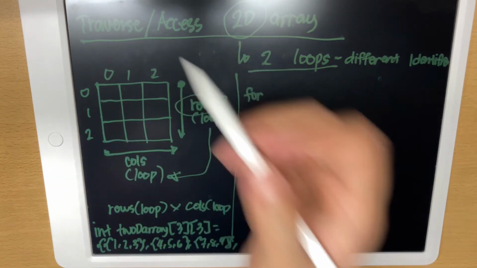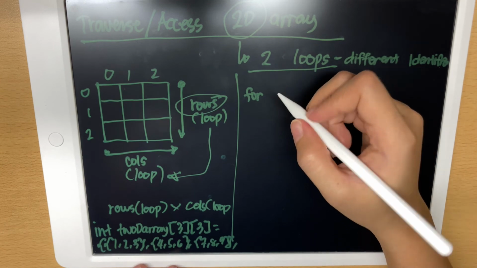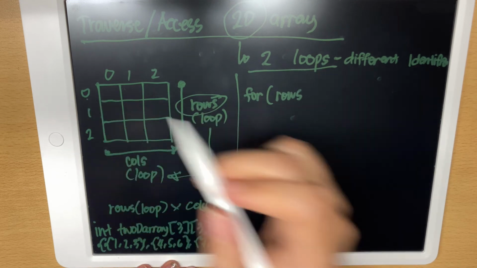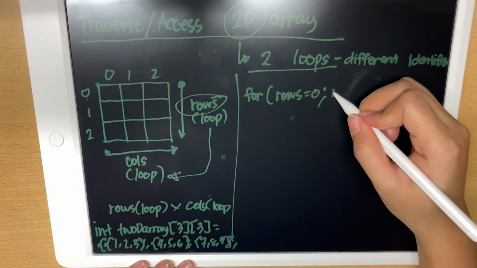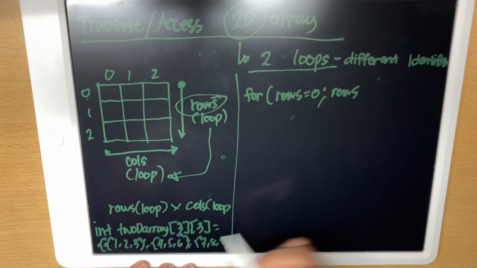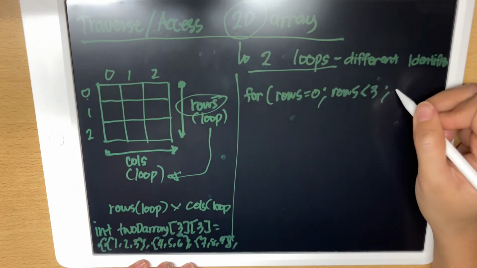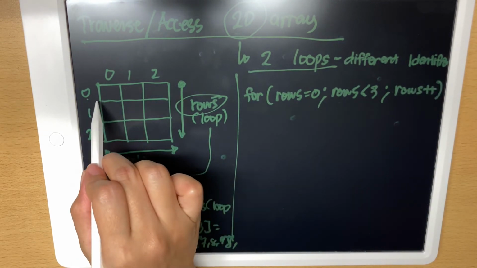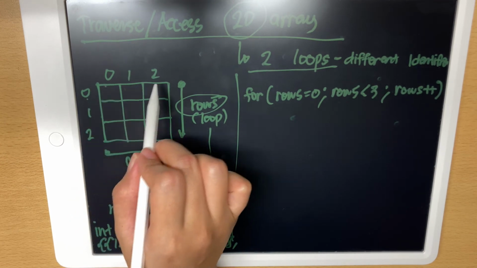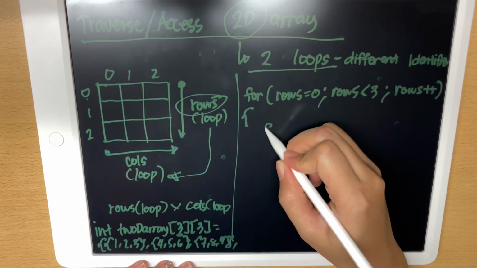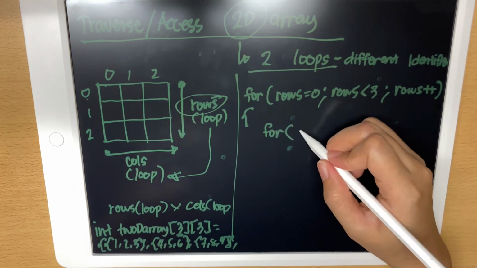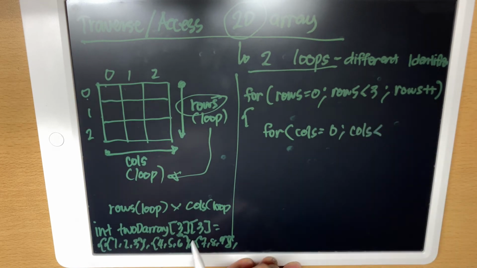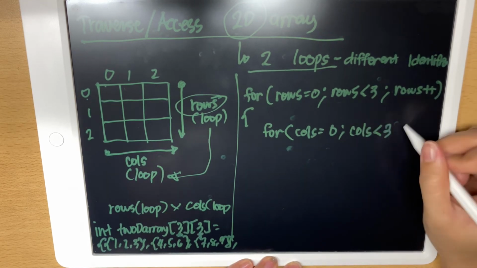So to traverse or access this one, we use for loop, where in the first loop, rows starts at 0, and while the rows is of course less than 3, and in each row we have 3 columns, so we're gonna add here. So for each row, the column starts at 0 and it has 3 columns.